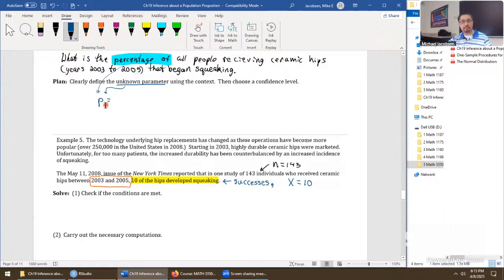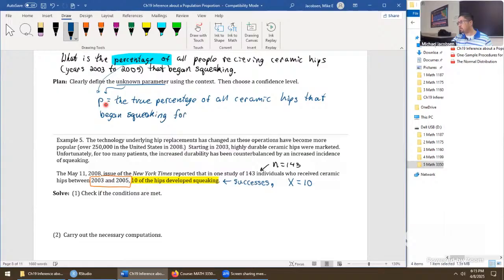So we can designate P as being the true percentage of all ceramic hips that began squeaking for total hip replacements in years 2003 to 2005. For hips we don't necessarily want to say installed on.